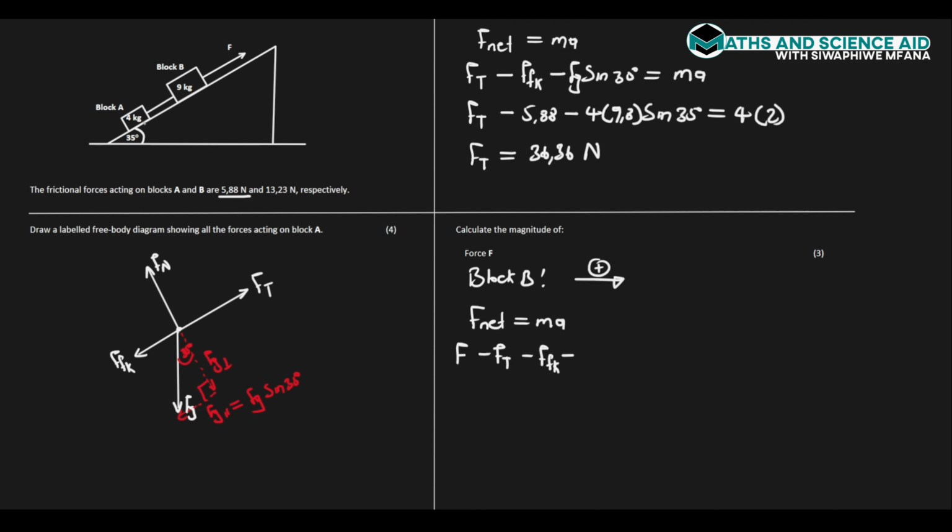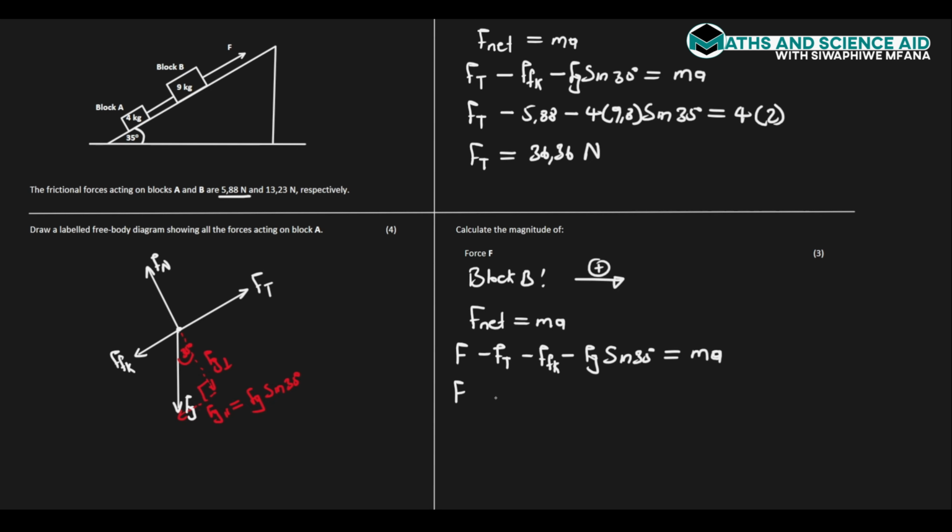And finally, just like block A, this block also has an FG parallel acting on it. But of course, we know that FG parallel can be given by FG sine of 35 degrees, because block B is also lying on the same plane as block A. And all of these are going to be equal to the mass multiplied by the acceleration of this block.